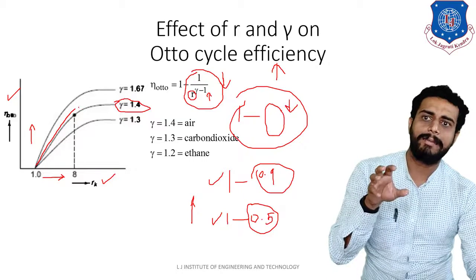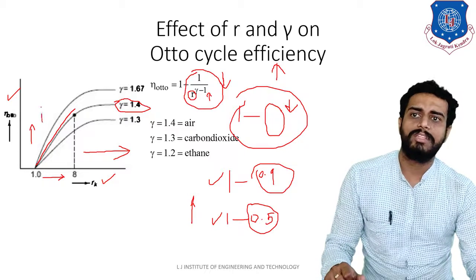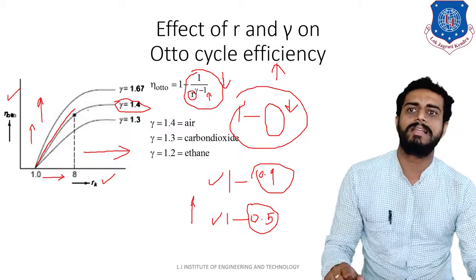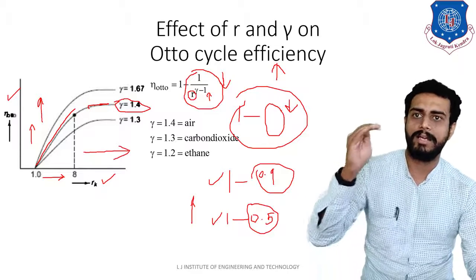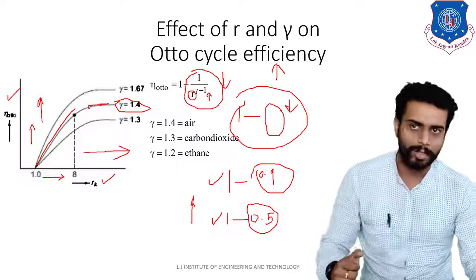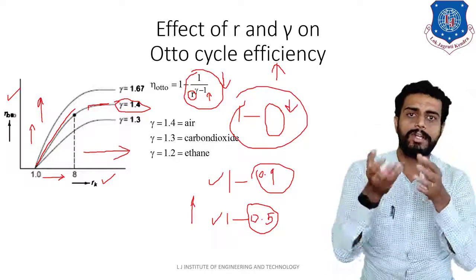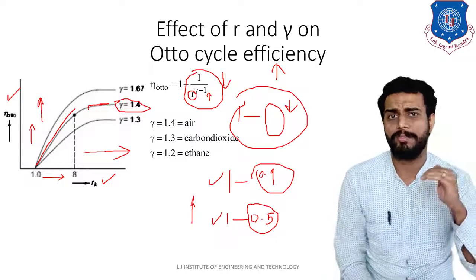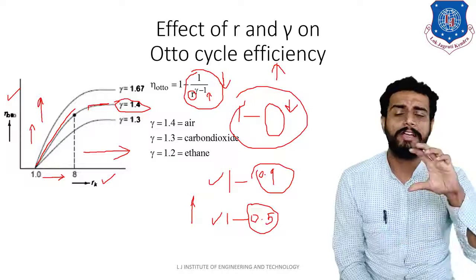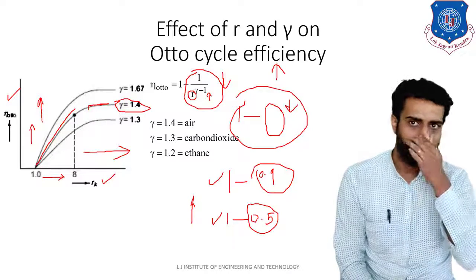But after a certain point, what will happen? If you increase the compression ratio, the efficiency will not increase drastically. See, that is why you can see this slope is nearly coming horizontal like this. Okay, so that is the saturation. That means in petrol engine, in Otto cycle, if you increase the compression ratio beyond a certain limit, then your efficiency increase will not be that significant. Okay, so keep that in your mind.